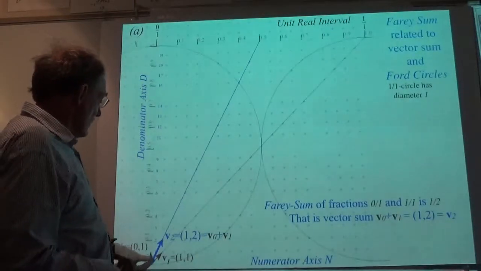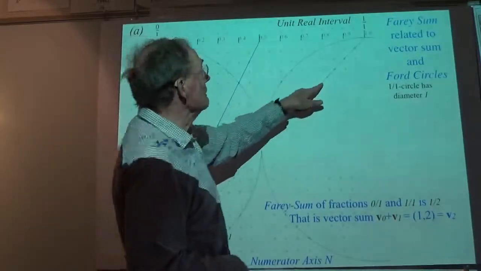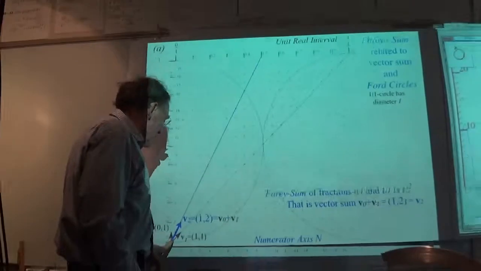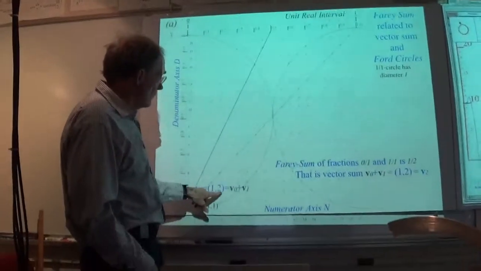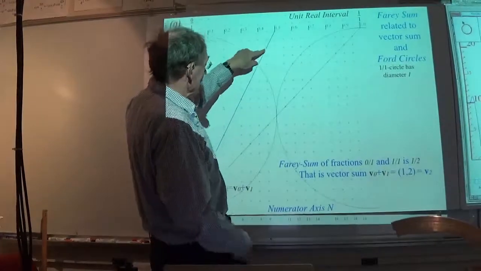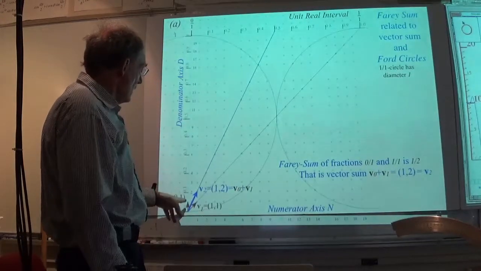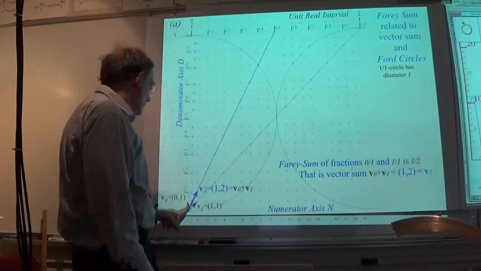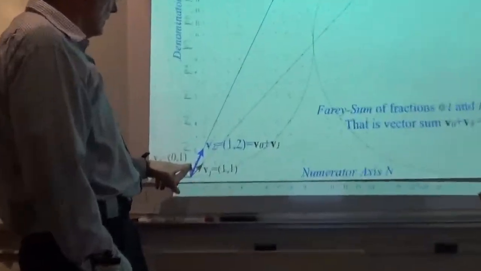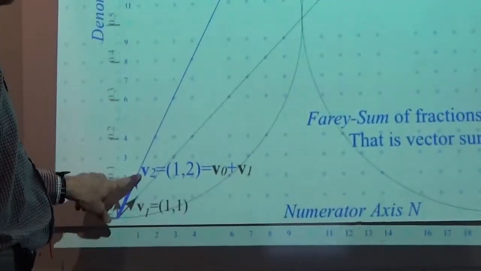So a typical fraction might be 1 over 1. That makes a 45-degree line pointing at 1.0. Okay? Another fraction, V2, that's 2, that's 1/2. It's going to come up here with all of its ilk pointing at 0.5. Okay? So here are two vectors. There's another one right there that's a 0 over 1. It just points at 0. But let's take a Farey sum of those two.